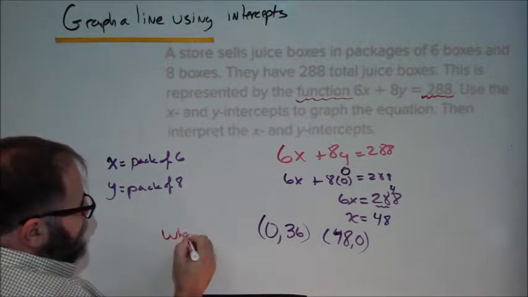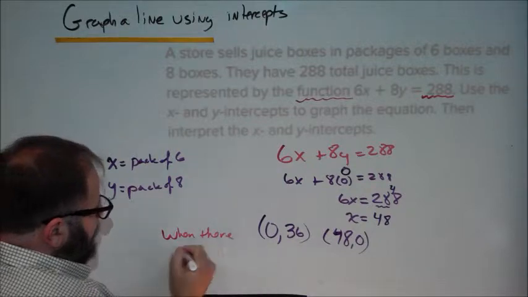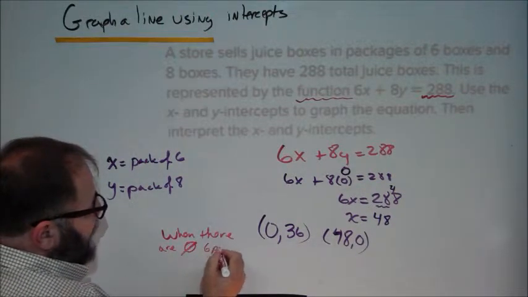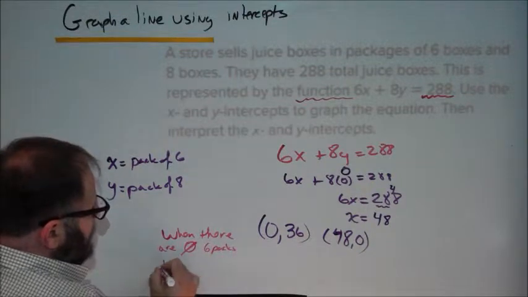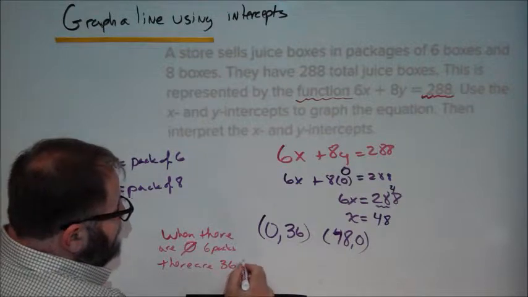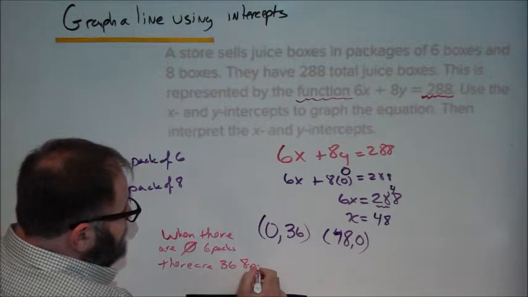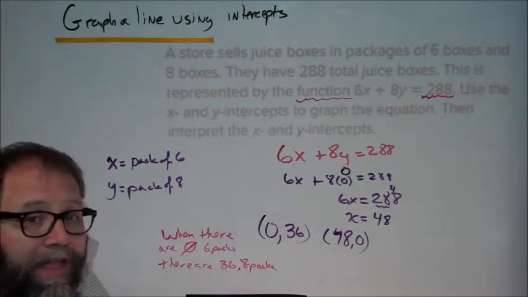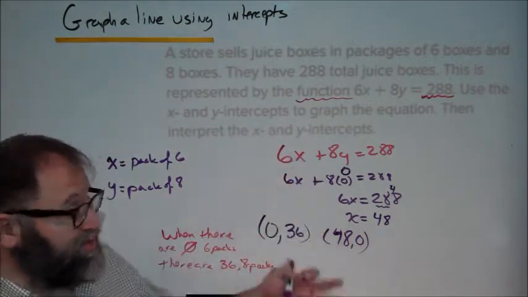So when there are 0 6-packs, there are 36 8-packs. That's an interpretation of what we just did.